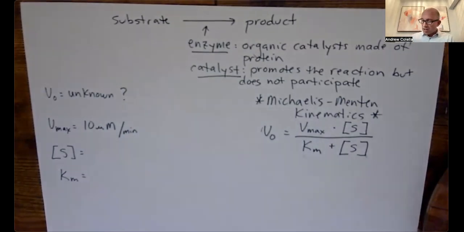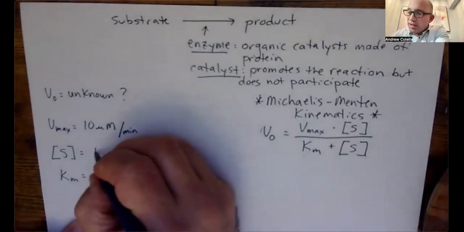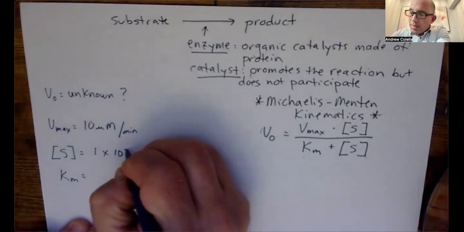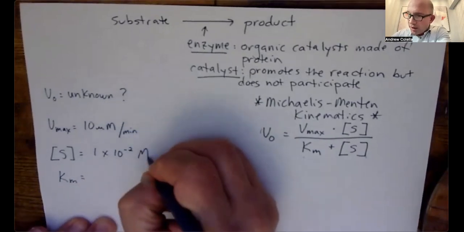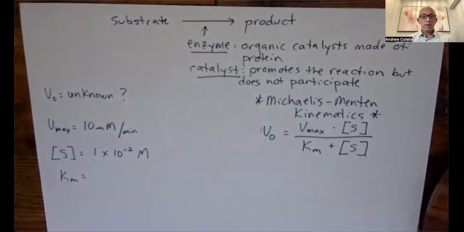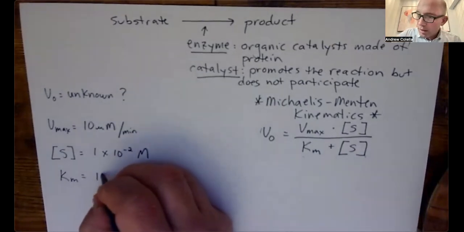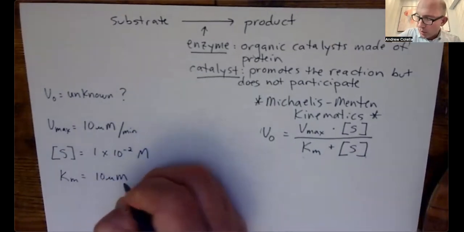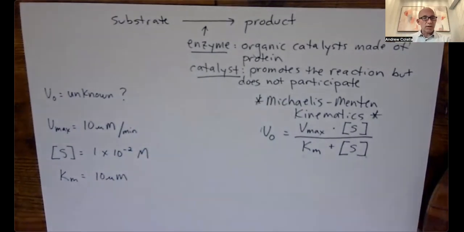So the concentration of the substrate in this case was listed as 1 times 10 to the minus 2 molarity. All right, molar. And then the constant here was 10 micromoles in our units.